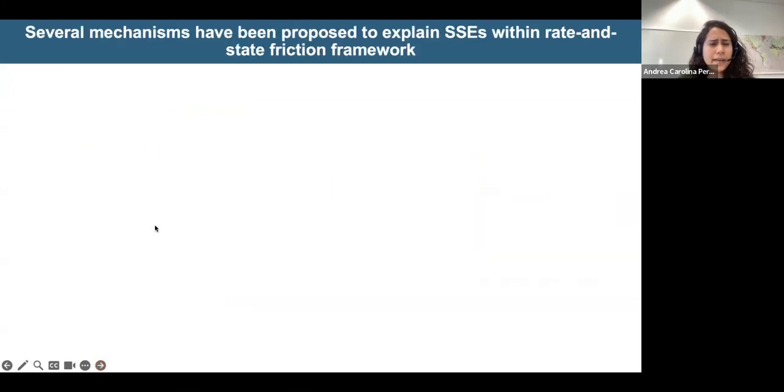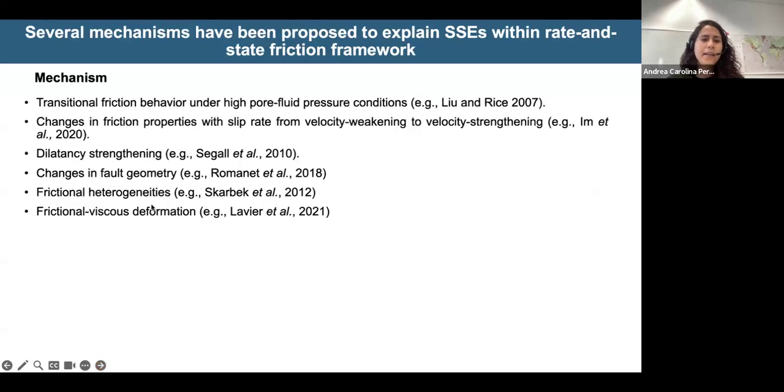Following up on the mechanisms, there have been a lot of mechanisms proposed to explain SSEs. I'm just going to mention briefly some of them, but I'm not going to go into too much detail.